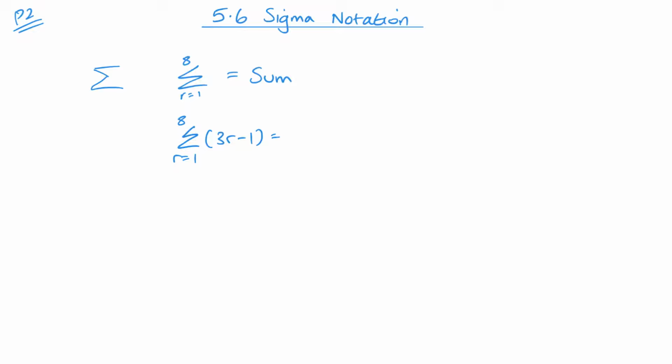So substituting 1 in, we'd get 3 lots of 1 minus 1, and that's going to be 2. Then 3 lots of 2 is 6, minus 1 is 5. 3 lots of 3 is 9, minus 1, 8, and so on. You can see it's going up in threes.